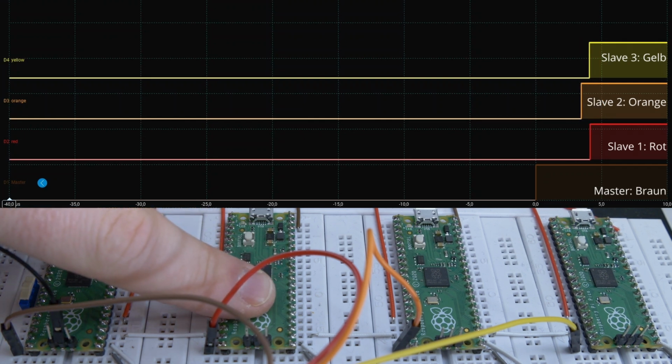Touching the red crystal shows the tendency of the red Pico to drift to the right, but the synchronization, which updates once per second, brings it back in line.